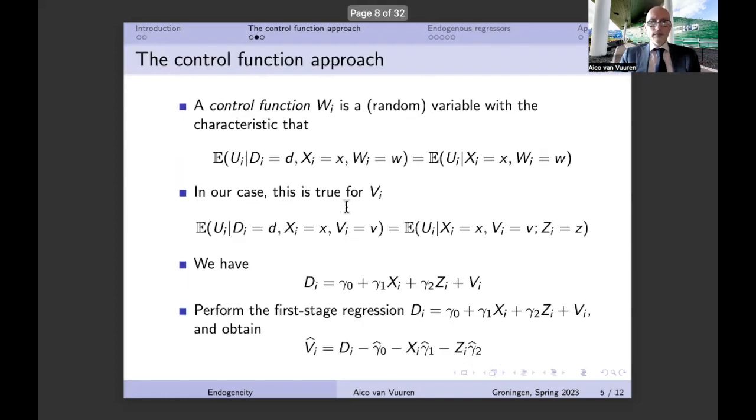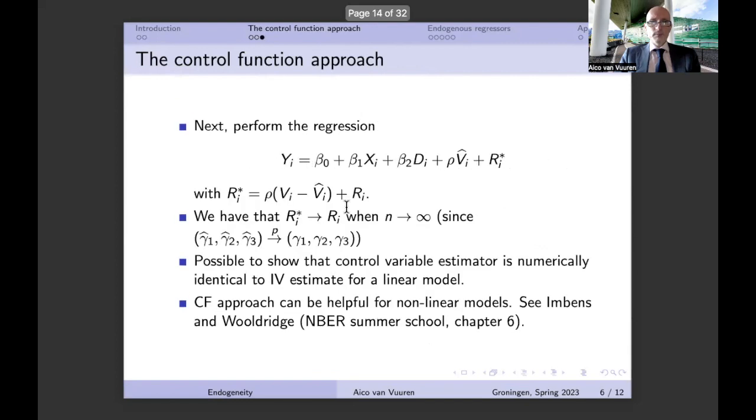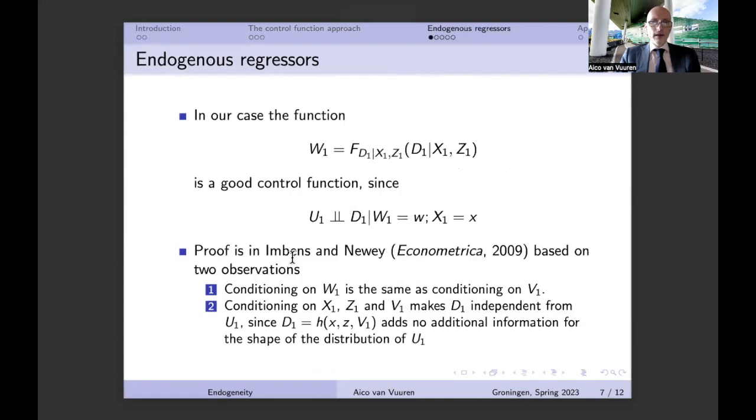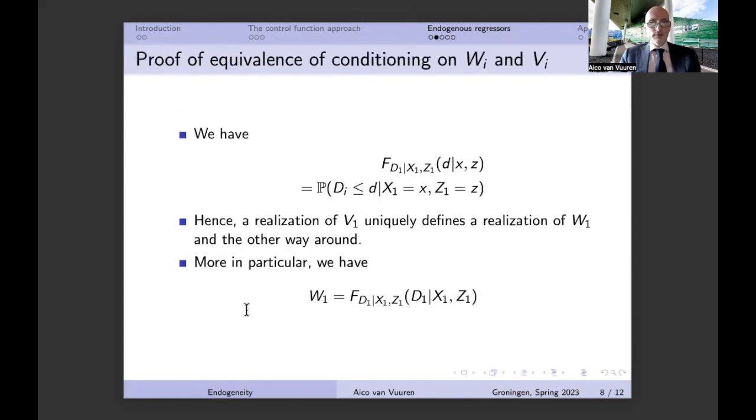So that's the first thing that we have now proven, that conditioning on W1 is the same as conditioning on V, simply because W1 and V1 are identical to each other. But we still have to prove the second part over here, namely that conditioning on x, Z1 and V1 makes D1 independent from U. That's the thing that we still have to prove.